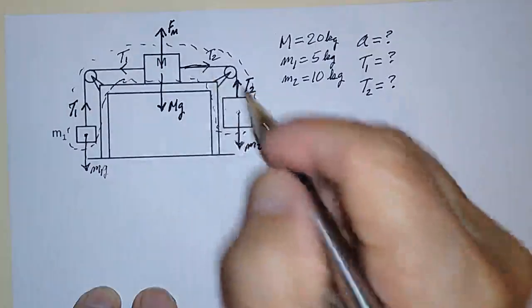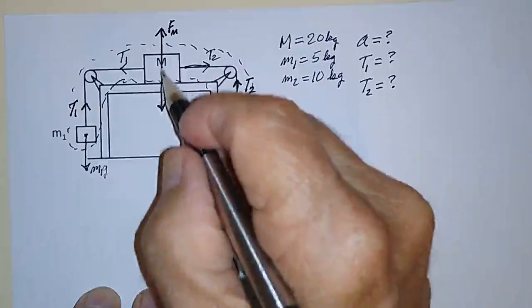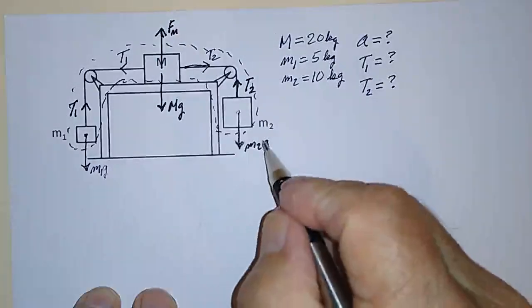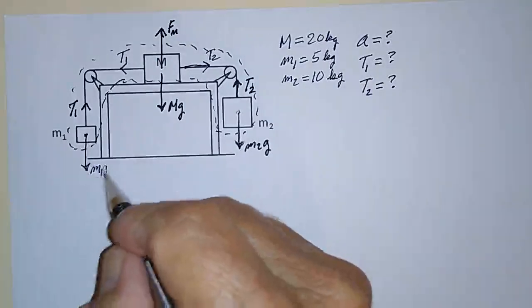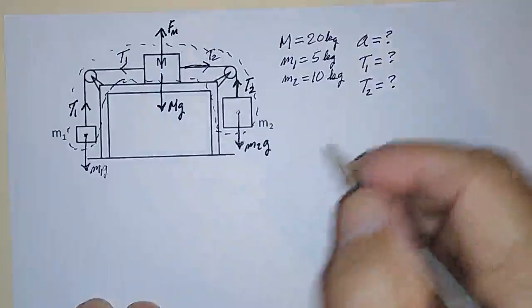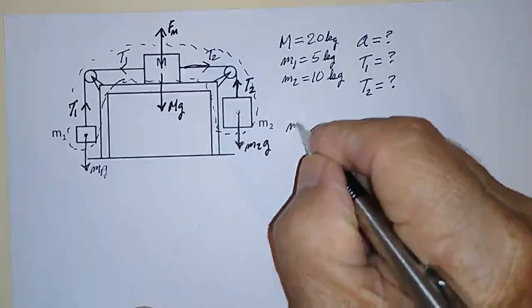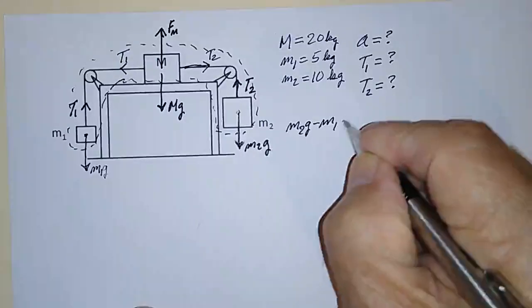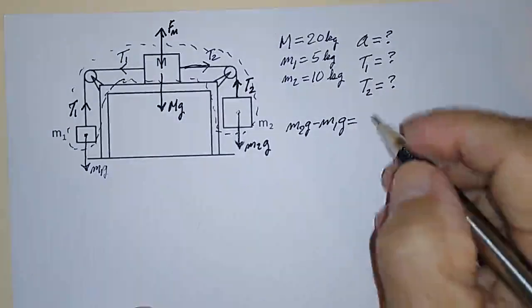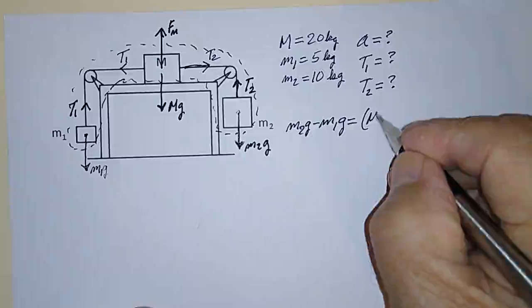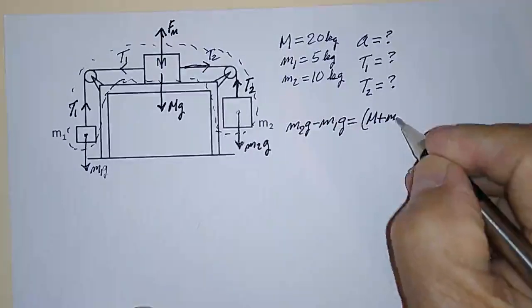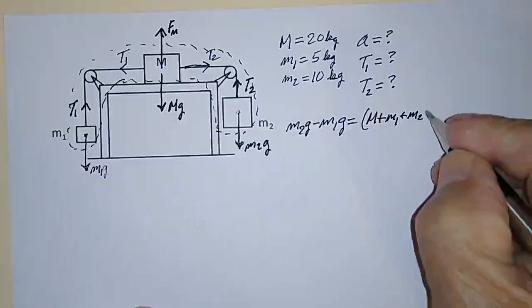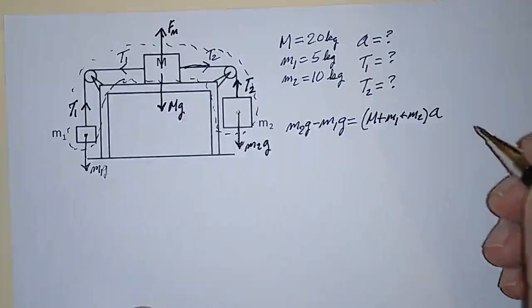So I have m2g, which is larger than m1g, and I can write an equation: m2g minus m1g is equal to the total mass, big M plus m1 plus m2, times a.